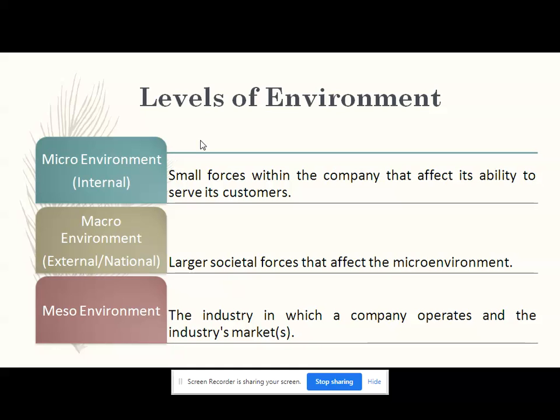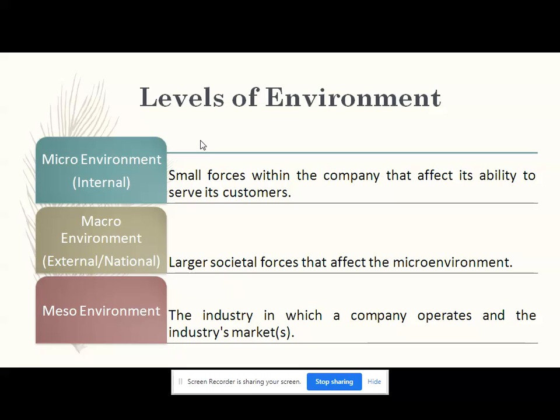Marketers try to predict the changes which might take place in future by monitoring the marketing environment. These changes may create threats and opportunities for the business. With these changes, marketers continue to modify their strategies and various plans so that they can target the customers.